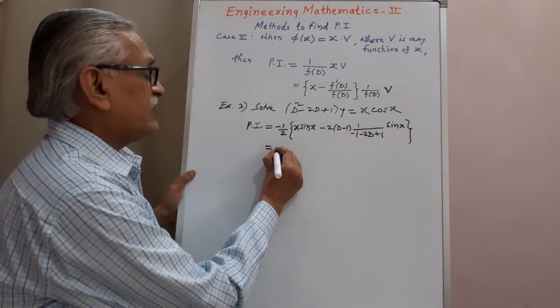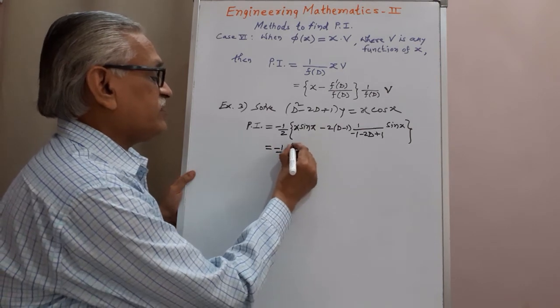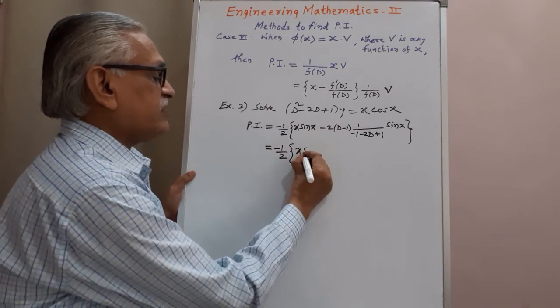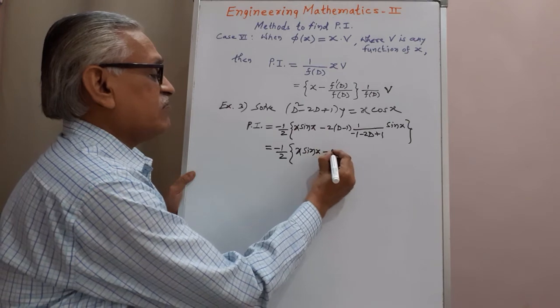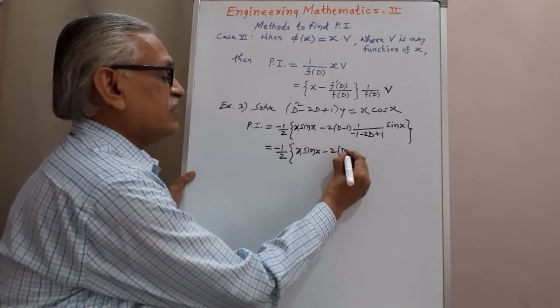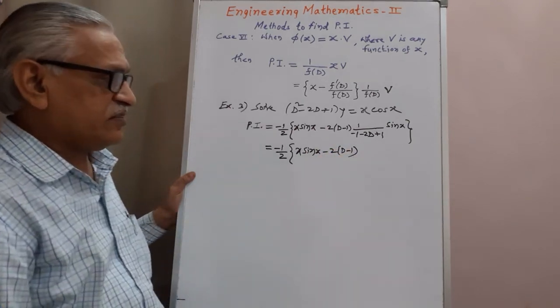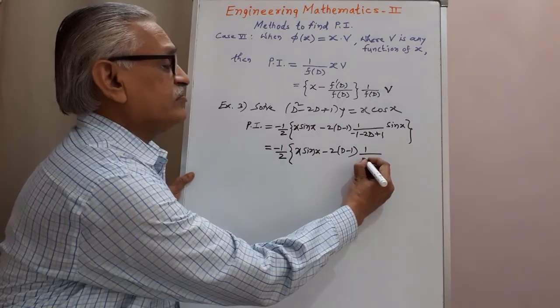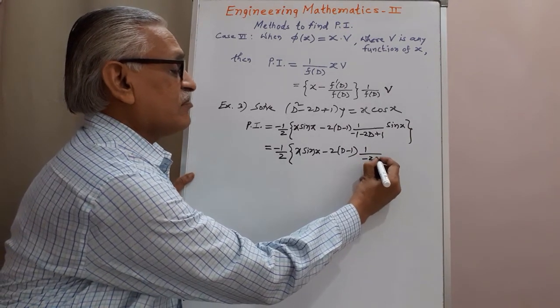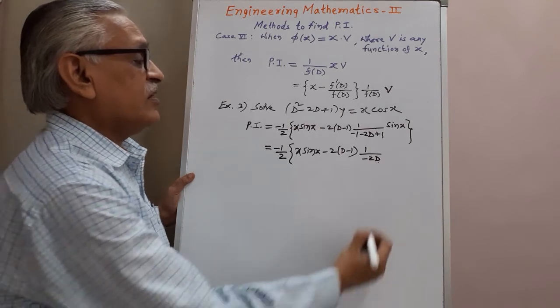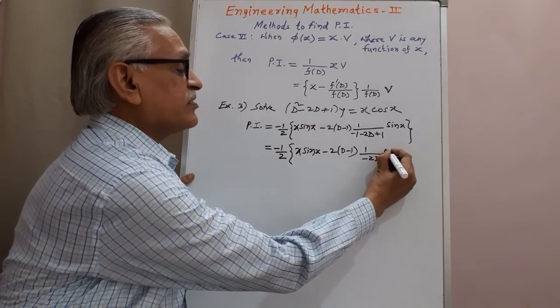so minus 1 by 2 times x sin x as it is, minus 2 times D minus 1 as it is, 1 upon, which we have to operate on sin x.